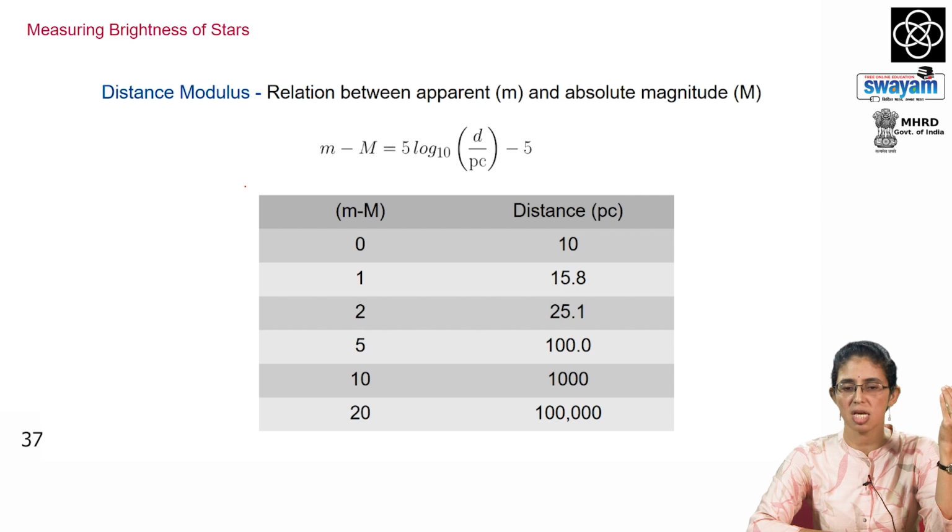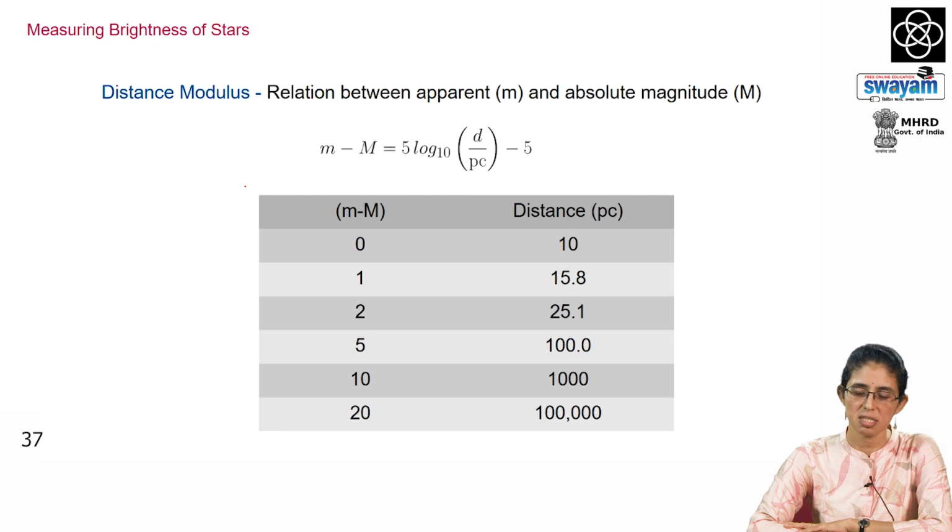Using these two relations, one can derive a relation between the apparent and absolute magnitude, and this relation will therefore have the distance term d coming into the picture. This can be easily derived, and it is shown in the following relation, where the apparent magnitude minus absolute magnitude is given by 5 times logarithm of d in parsec minus 5. And in the table below one can see the distances corresponding to different distance moduli.